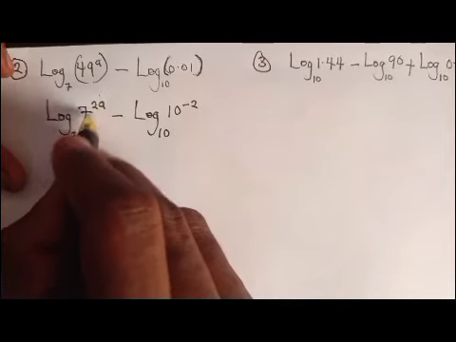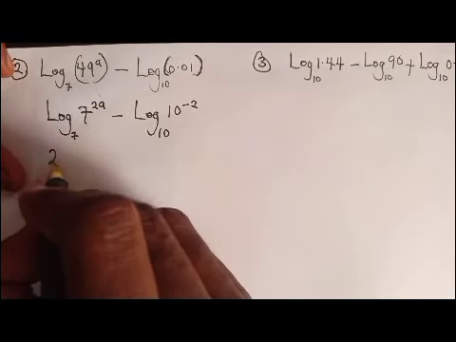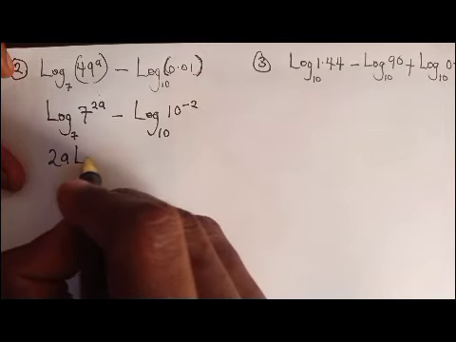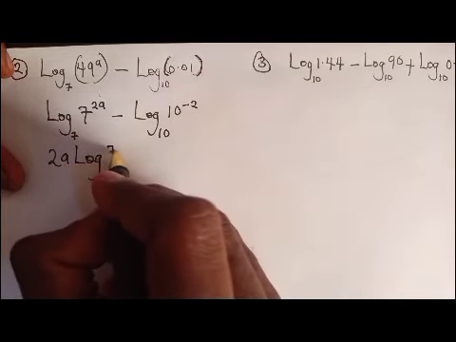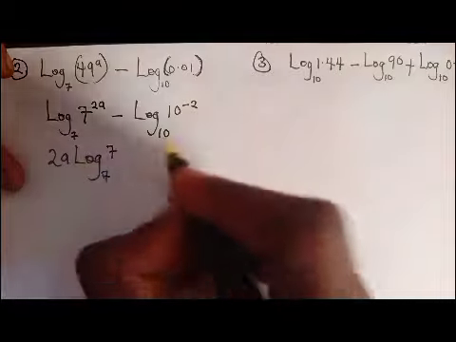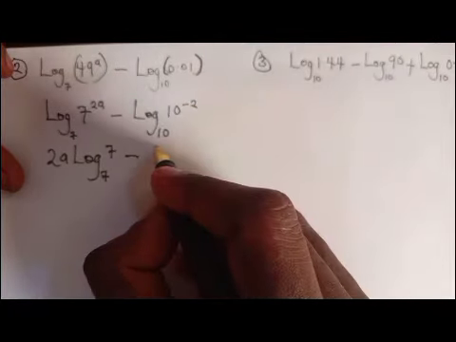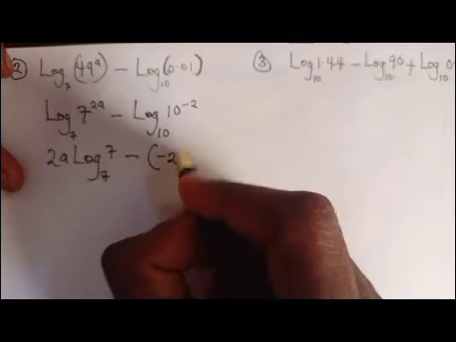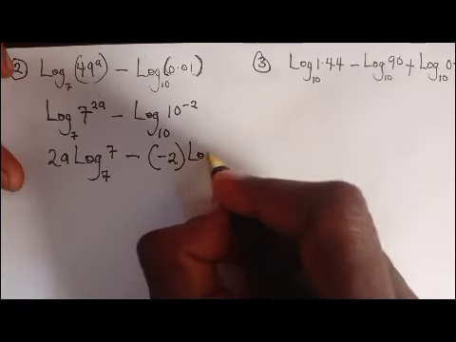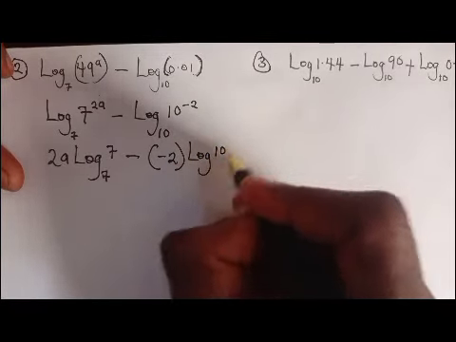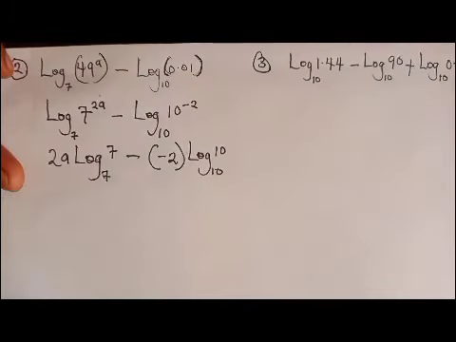It simply means that this expression is going to become 2a log 7 in base 7 minus, this is minus 2 as a power. So I'm going to move it to the front. It becomes minus 2 log 10 in base 10. Also, trying to bring your mind back to one of the laws we treated.